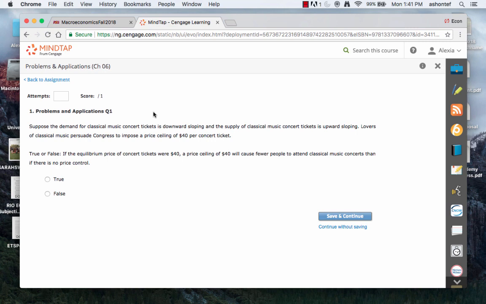And then it says a price ceiling of $40 has been imposed. Okay, so that's where the equilibrium is. And then it's asking, will this cause fewer people to attend classical music concerts than if there was no price control? What this question is basically asking is, is this imposition of a price ceiling doing anything in this market? I think if you draw this, you should easily be able to answer that question.